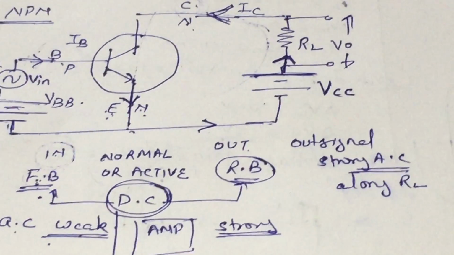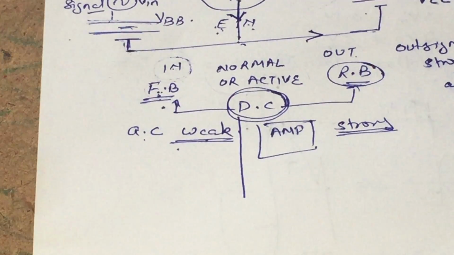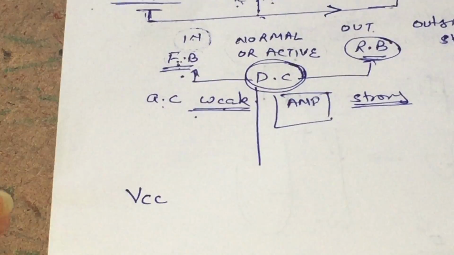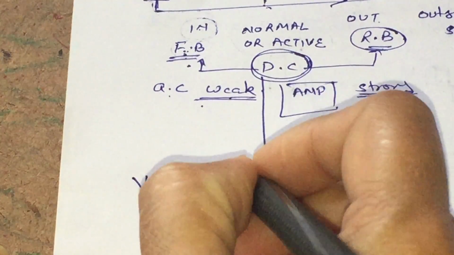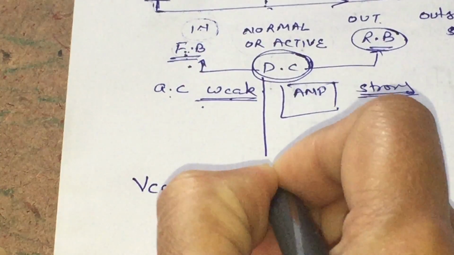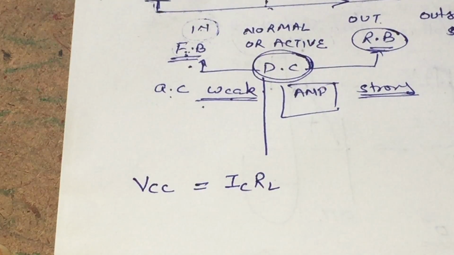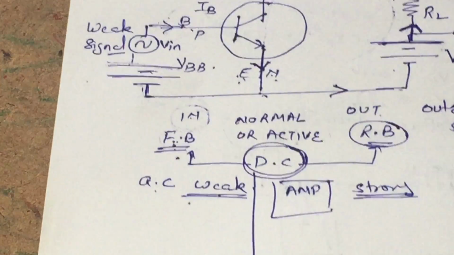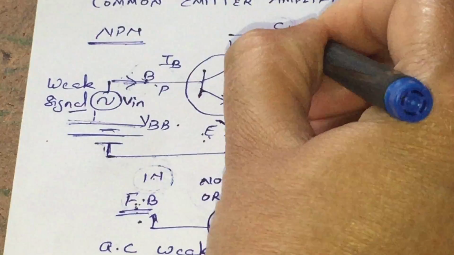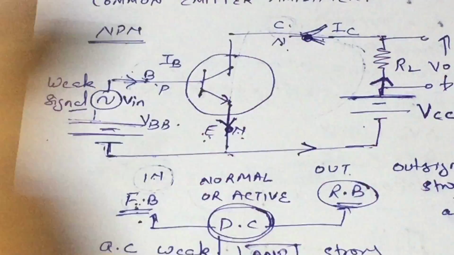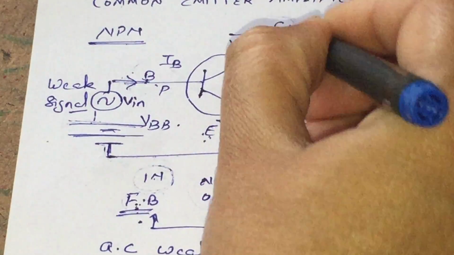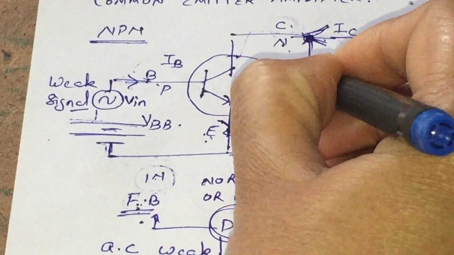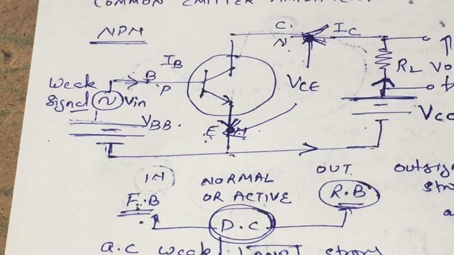By applying Kirchhoff's loop rule, the total voltage is divided into two parts. One is the voltage across the load resistance, that is our output voltage, and the other is the voltage across the collector and emitter terminals, which we indicate by VCE.